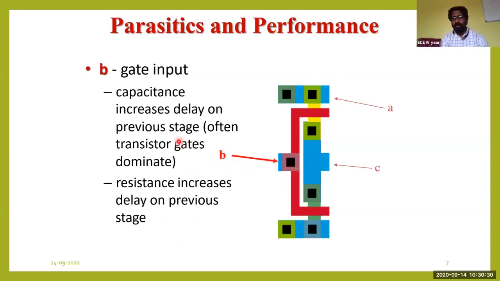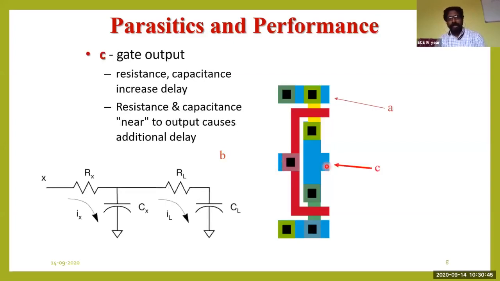So that is what is mentioned here as the previous stage. Previous stage means all the circuits connected from one module to another module. So this is very important, where we must look into the concepts of capacitance and resistance at the input part. The next one, the concept of capacitance and resistance at the output terminal.